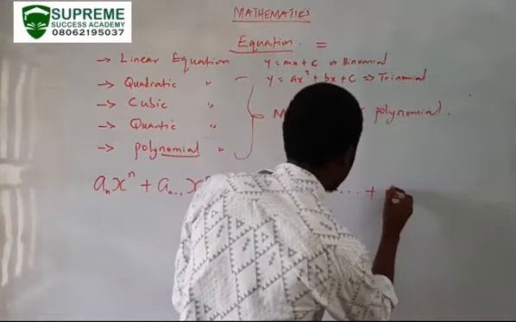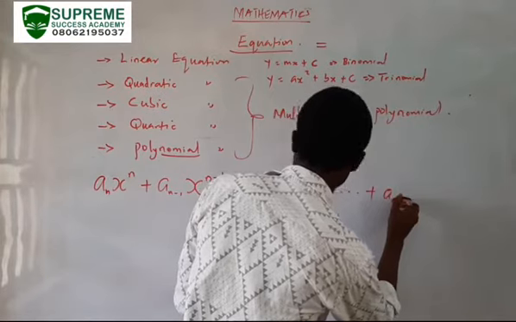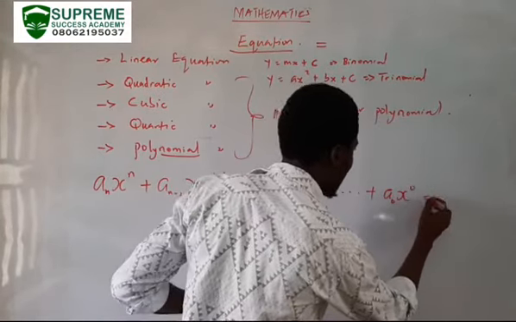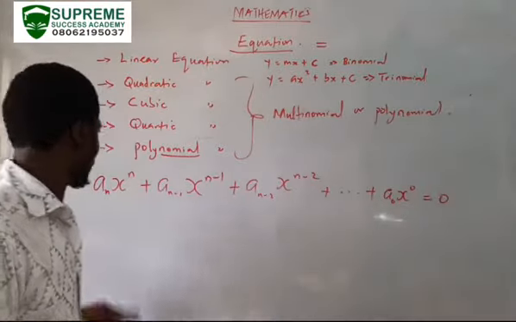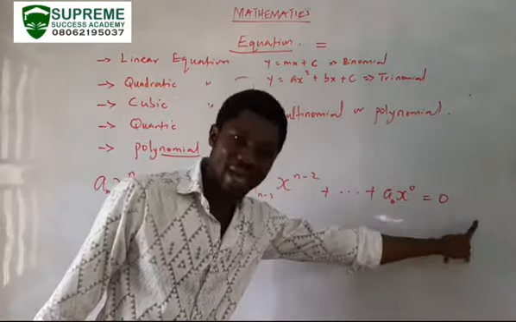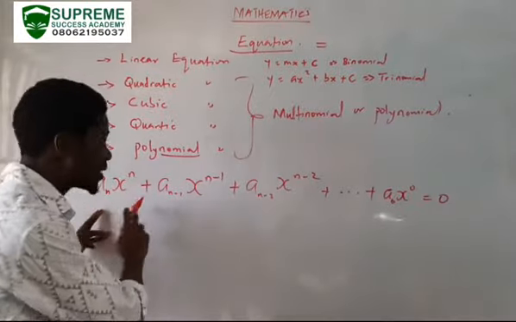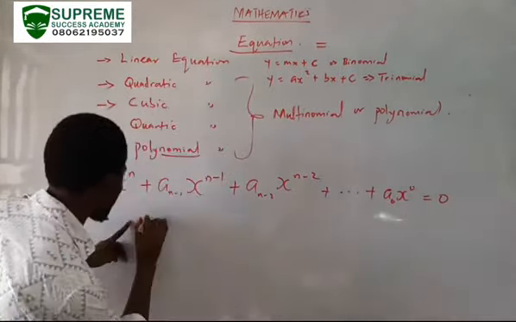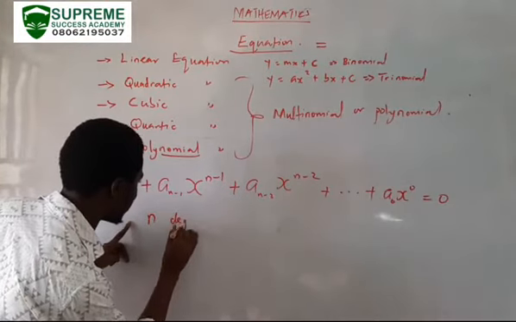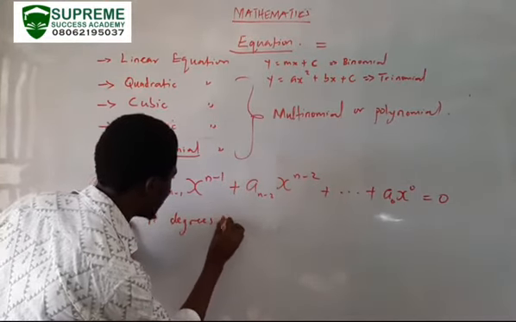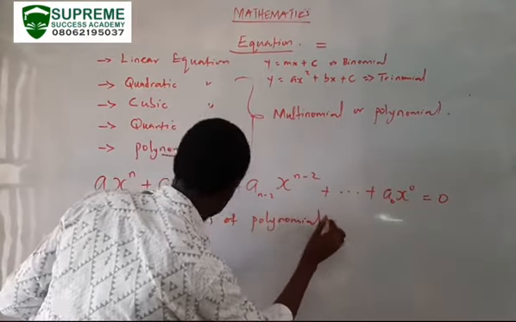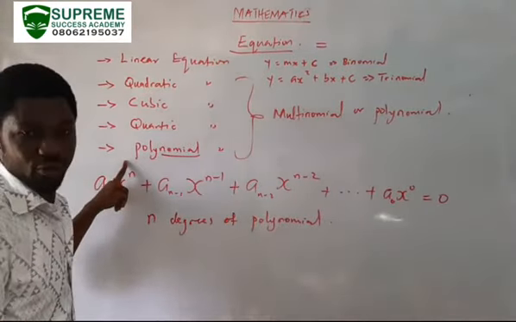Then we can have a naught, x to the power 0, for instance. Let's put this, we call this one equation. This is polynomial equation. Why? Because you have how many times? n. You understand? So we call this one n degree of polynomial.